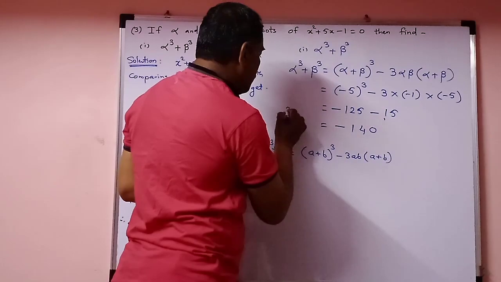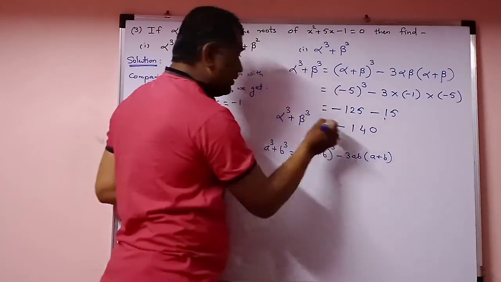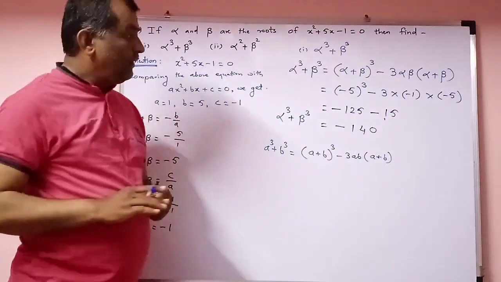Therefore alpha cube plus beta cube is equal to minus 140.